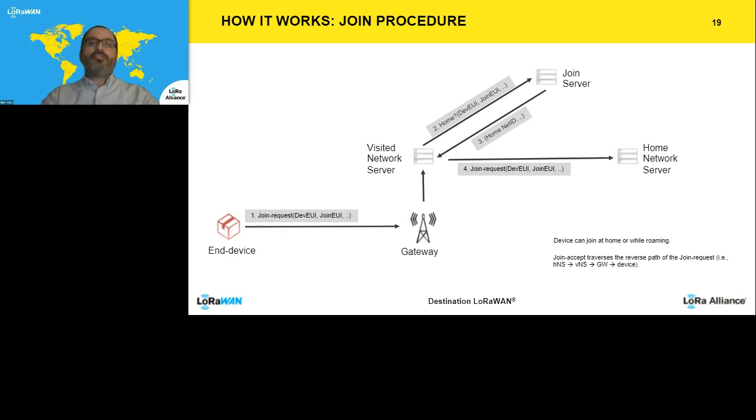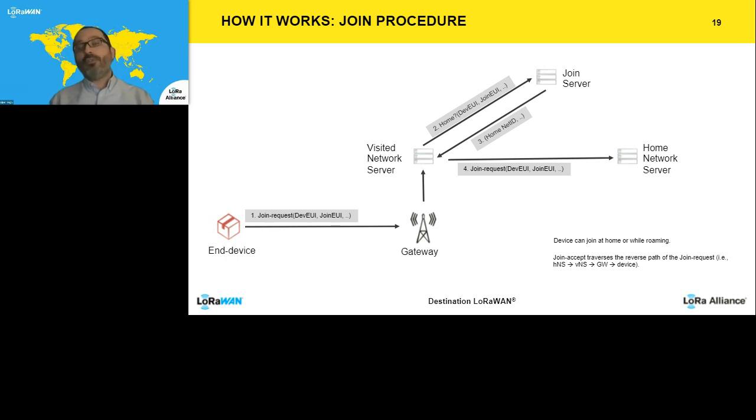For the join procedure, when the device sends a join request, it has the device identifier, and this frame also has an identifier of a so-called join server, which is in charge of authenticating the end device and also keeping track of the home network of the end device. When such a join frame is received by a visited network, this visited network, by inspecting the payload, identifies the join server and then sends a request to the join server to discover the home network of that device.